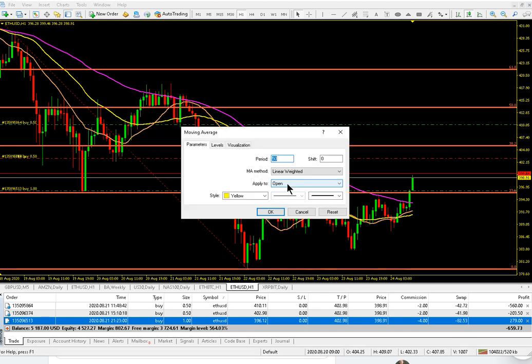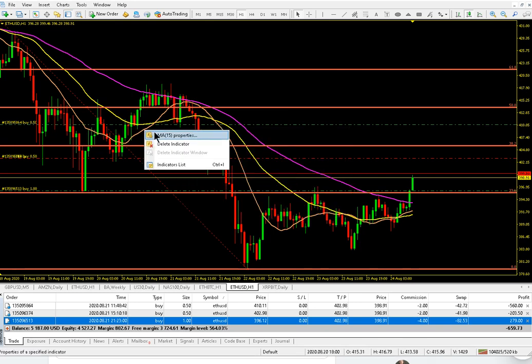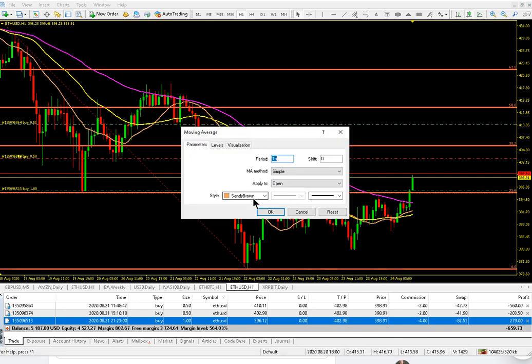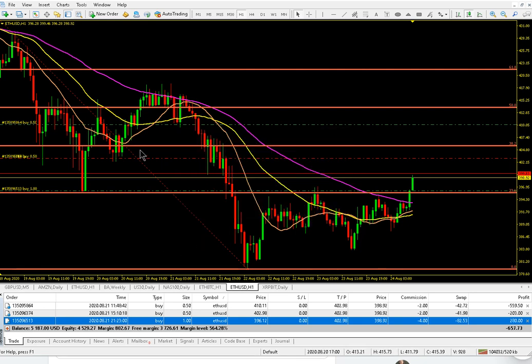And then this is the 50 linear weighted moving average, and the fast moving average is this tan colored line, which is actually sandy brown. And I use a simple moving average for that, for the fast moving average, which is a 15 period. So the 15 period, you could see like back here, the pattern crossed above it and crossed above the 50, but then got rejected by the 100. In other words, the candles couldn't close above this, and as a result, the pattern stayed in a downtrend.